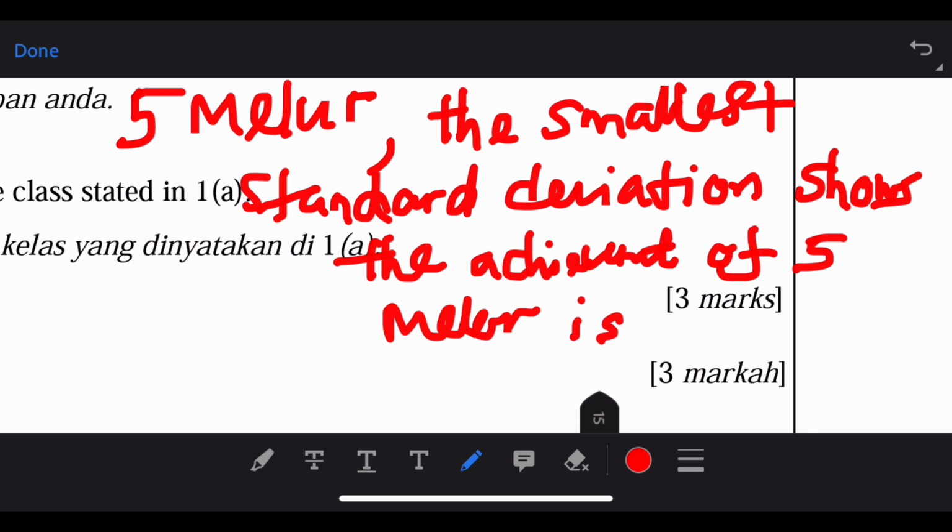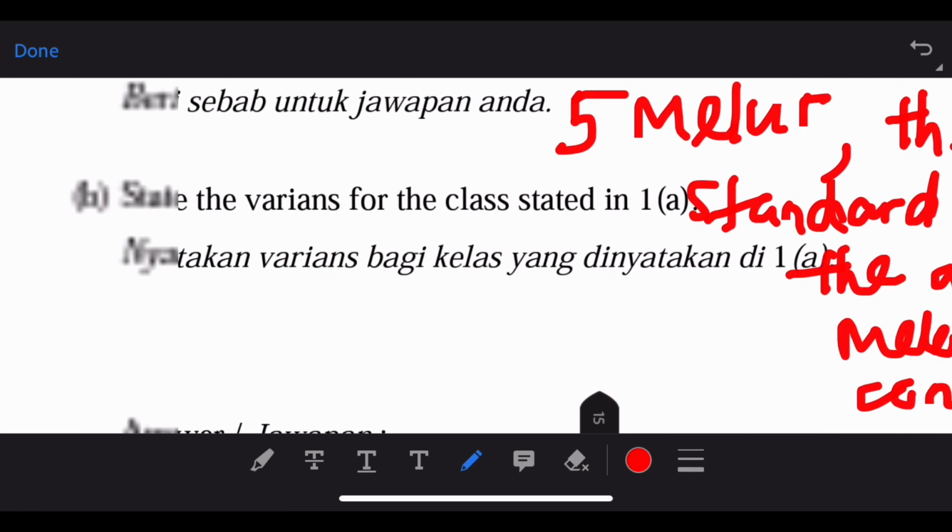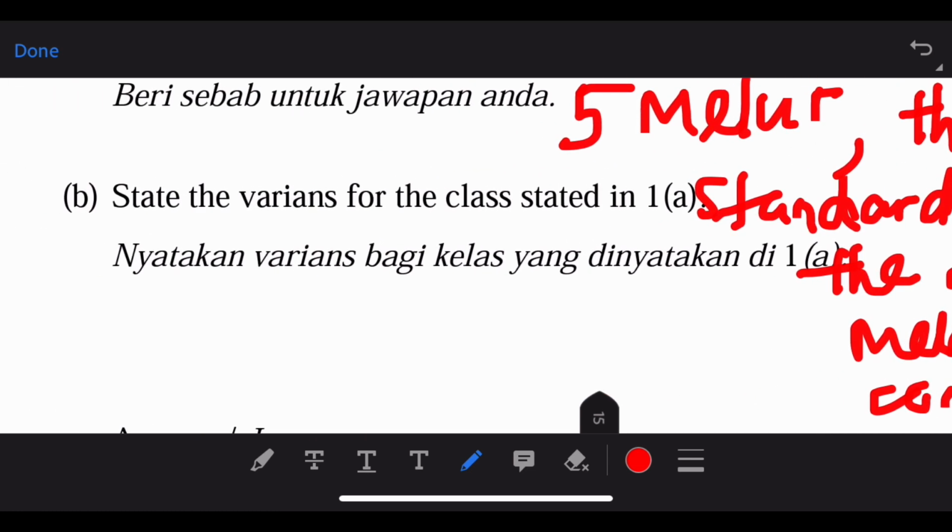Okay, so I'm sure you will see questions like this in your coming SPM exam, because for the year 2020, your percentage of the HOTS questions is 40%. So for HOTS questions, they like to ask you to justify the answer after you show the working.